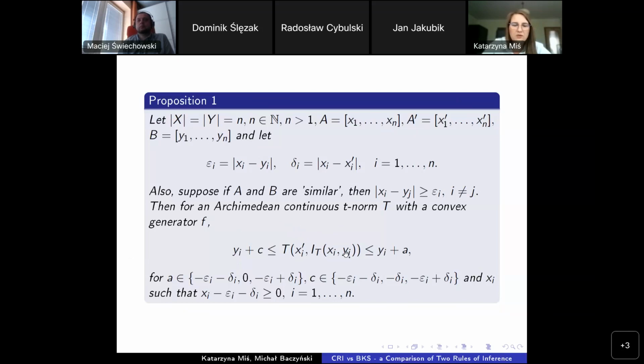So the value needed to calculate the compositional rule of inference can be bounded from both sides, and if those epsilons are small, then the values will be very close to y i.